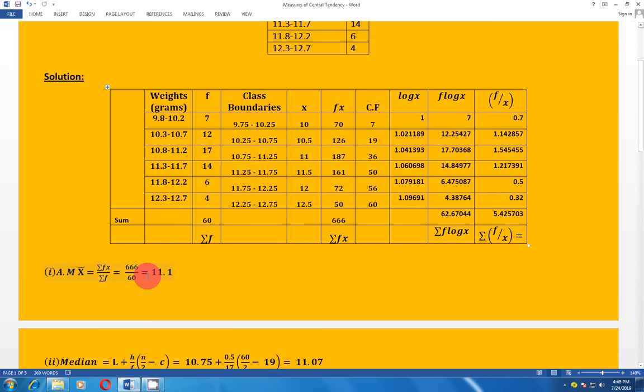So after putting the values in the formula, the first average, which is the arithmetic mean, will be equal to 11.1.